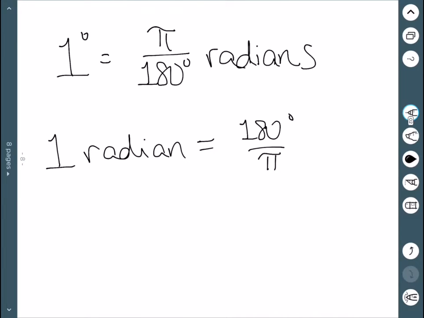So now we have a way to convert between the two. If I want to convert 30 degrees to radians, I would need to multiply by pi over 180. 30 divided by 180 is 1/6, so this is pi over 6 radians.